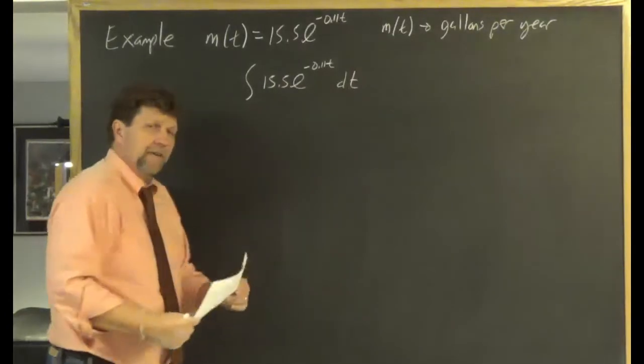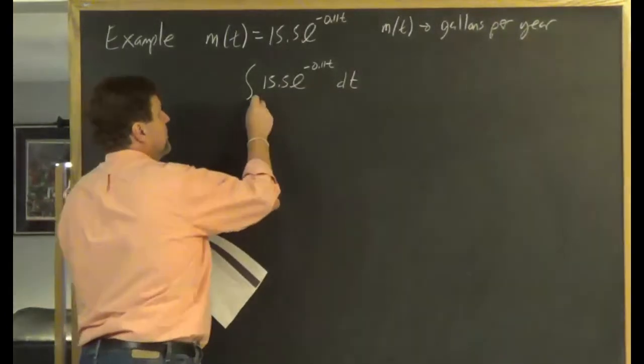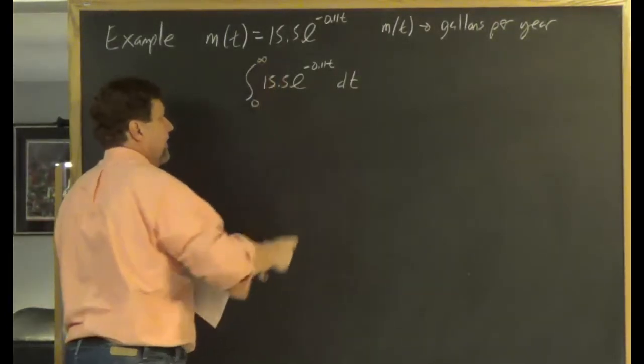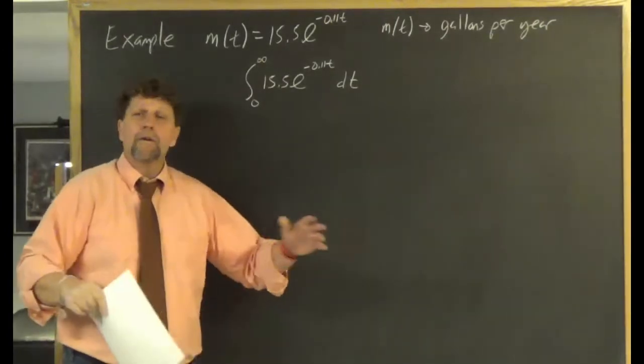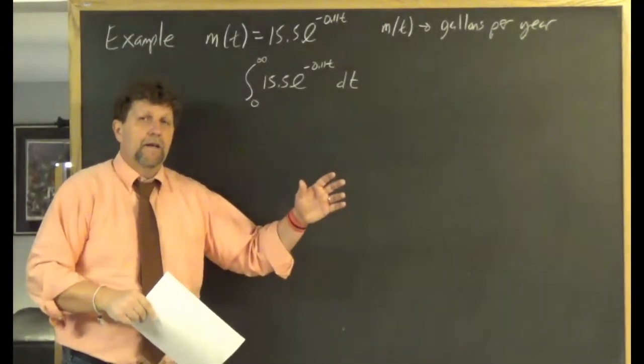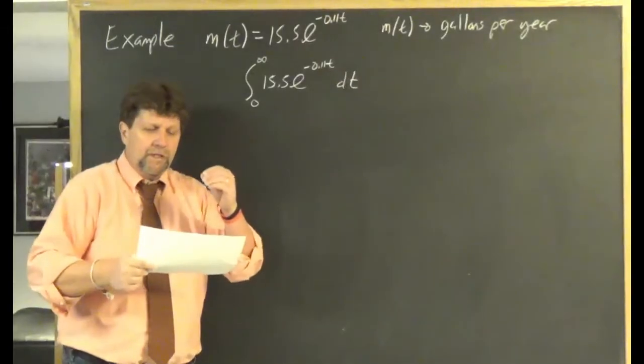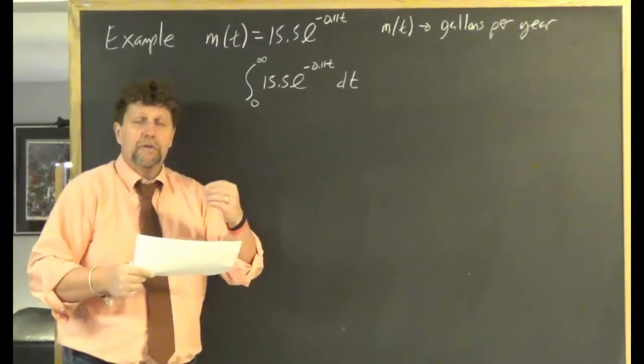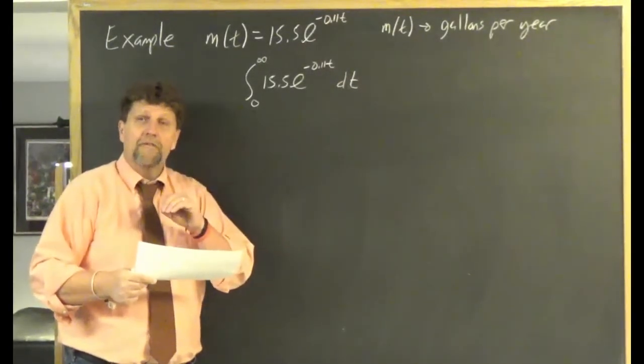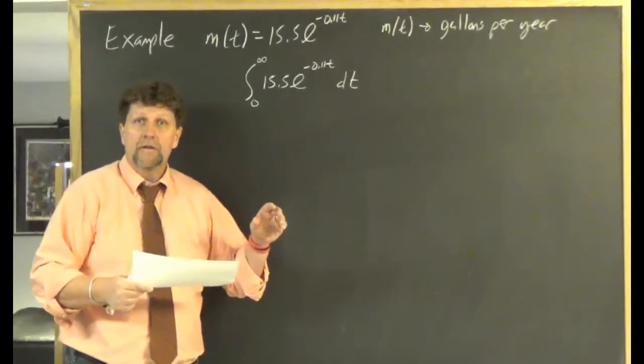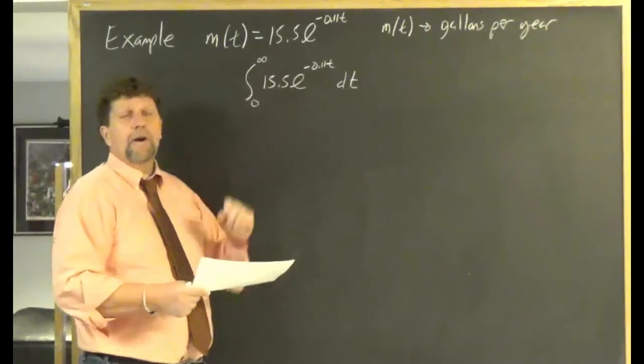The limits of integration are 0 to infinity. That's the total amount over the lifetime of the tree. If we had said, what's the total amount of maple produced by this tree over the first 5 years, then you'd be integrating from 0 to 5.